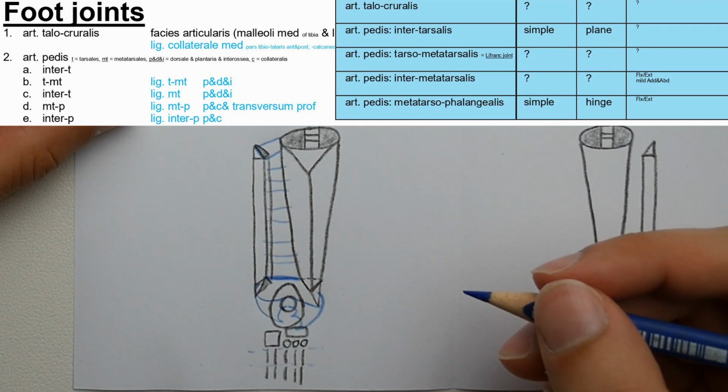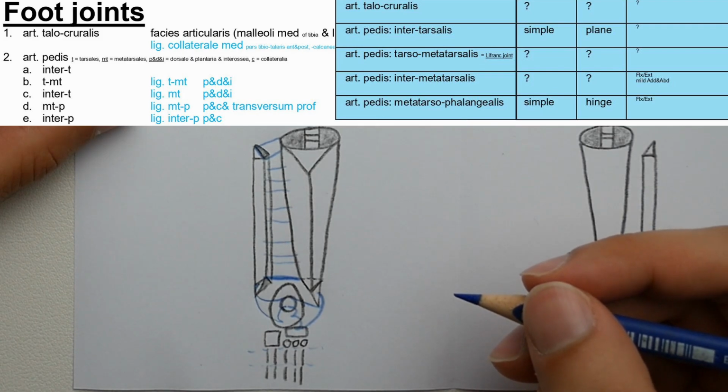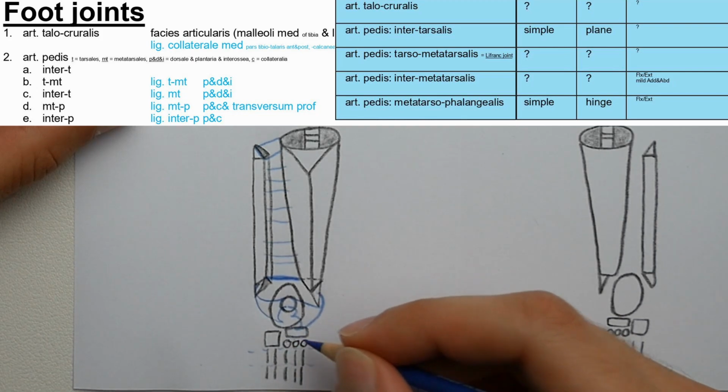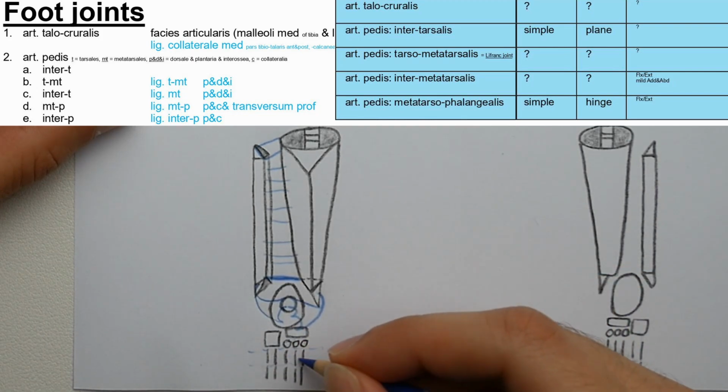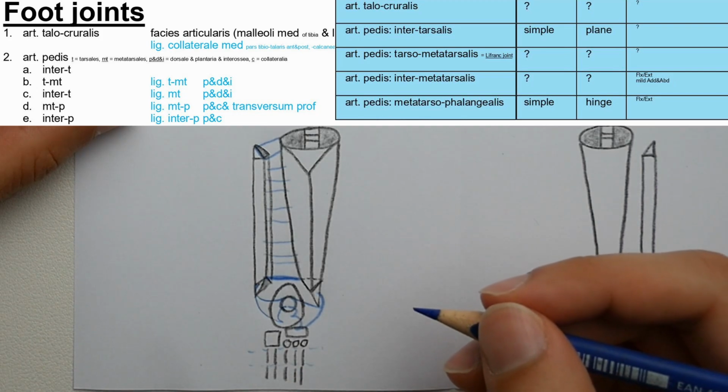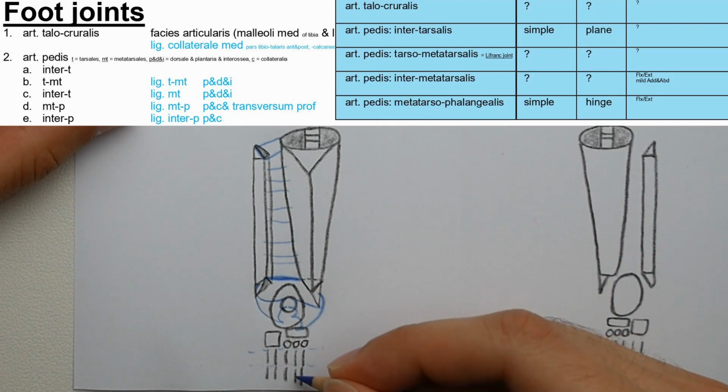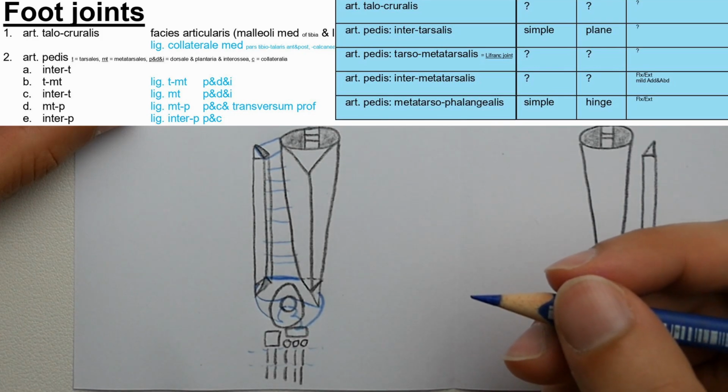Now add the prefix inter and you have the corresponding joints: articulatio intertarsalis, intermetatarsalis, and interphalangealis. The last one with the subtypes proximalis, distalis, and hallucis.